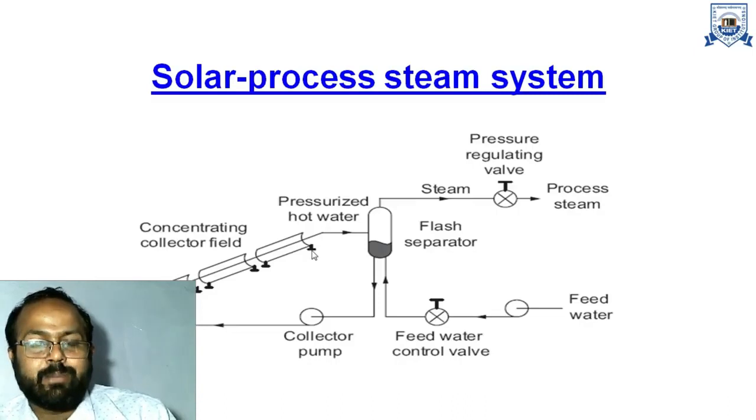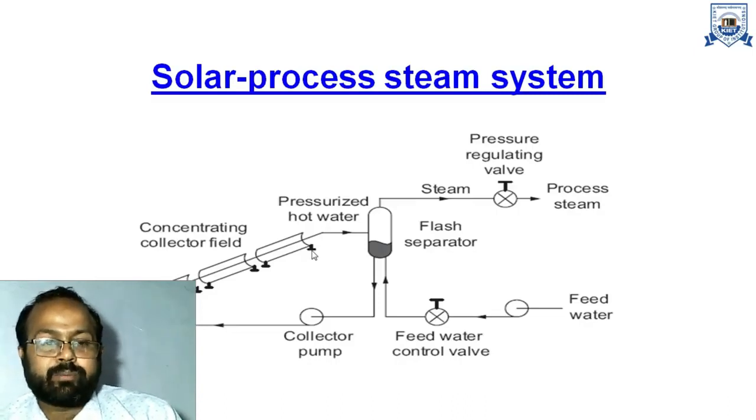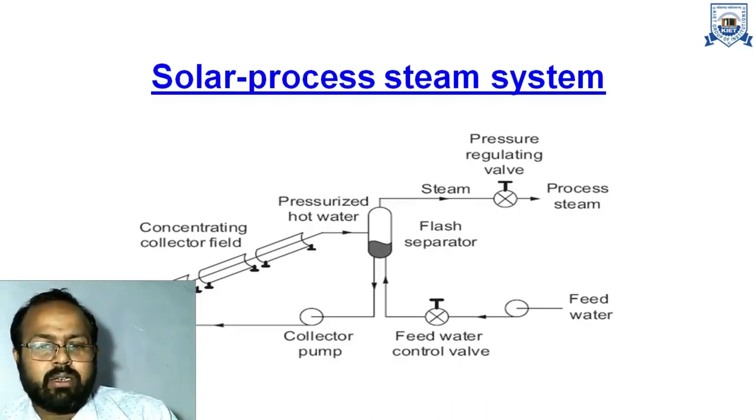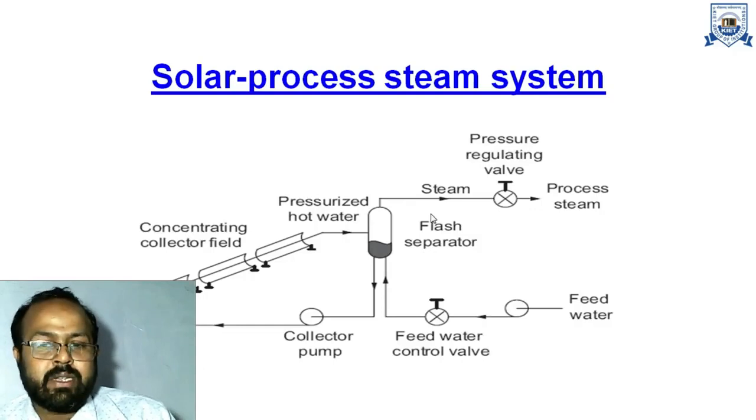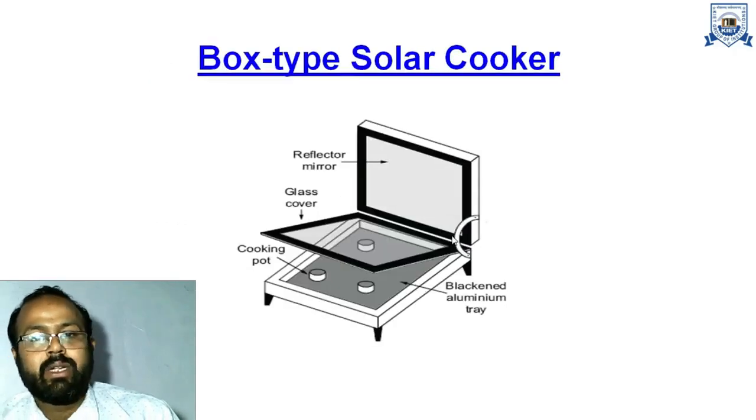Through these pipes we circulate cold water through the collector pump into the inner pipe, and when the pipe is heated, the pressurized hot water comes out at the outlet. This pressurized hot water is used in the flash separator for steam processing and feed water pumping.